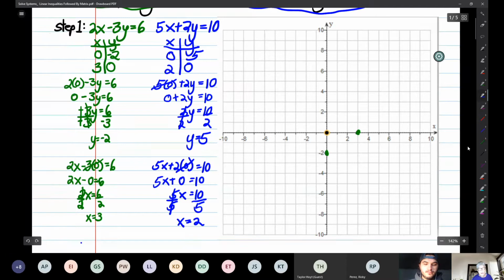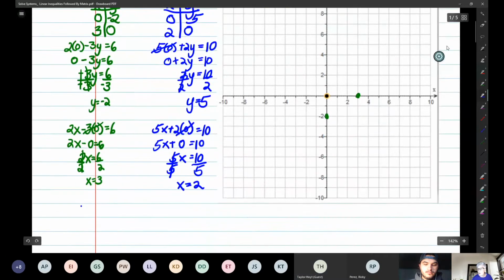Okay, now we're ready to start graphing. So I had already started on the green line. So now that I have 2 points, let me move this out of the way. Now that we have 2 points, I'm going to get a green line here.